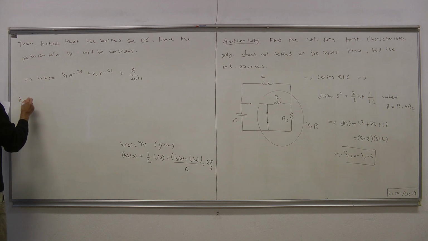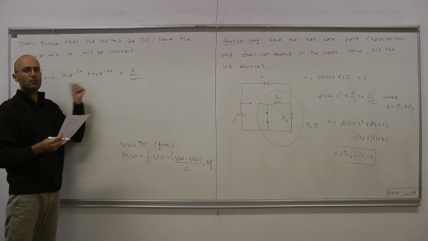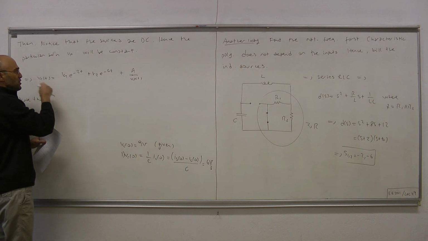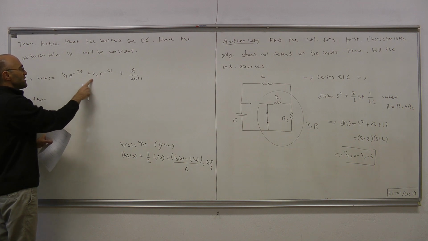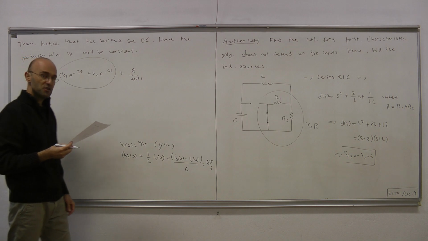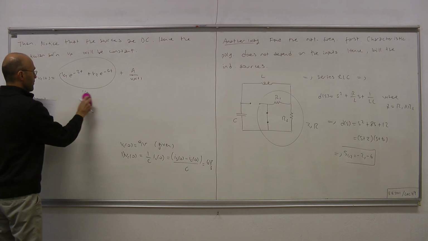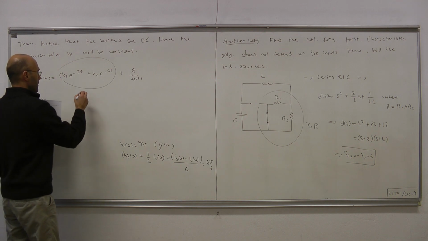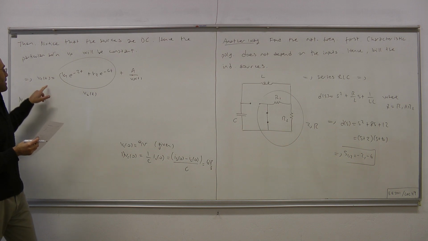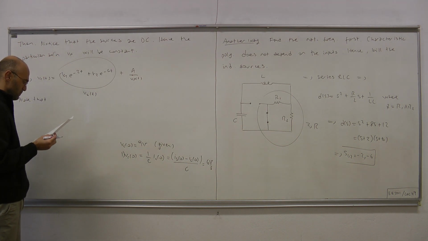So, even without knowing K1 and K2, we know something about the solution. As time goes on, no matter what K1 and K2 are, the homogeneous part will disappear. So at t equals infinity, the capacitor voltage becomes that constant, which we call the particular solution.